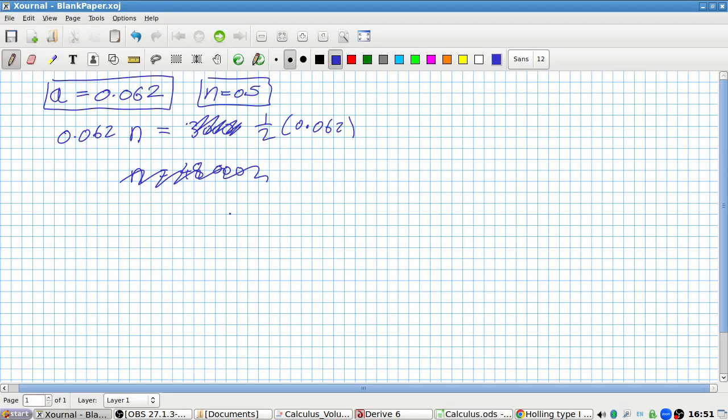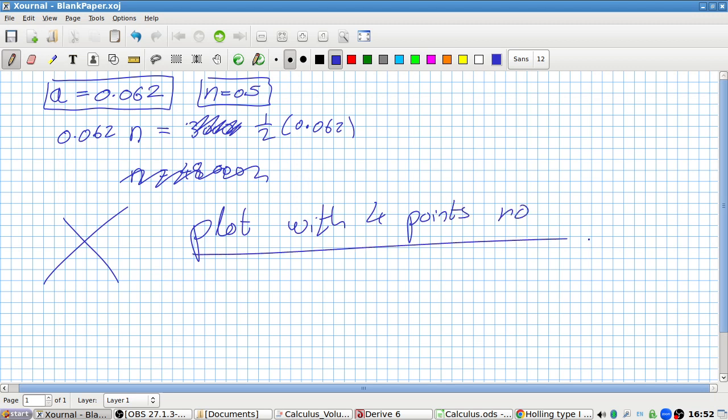I think I'm going to plot with 4 points. No. And I'm not exactly clear on the x and the fx because I think there's a density involved in it here. And the question's very unclear to me.